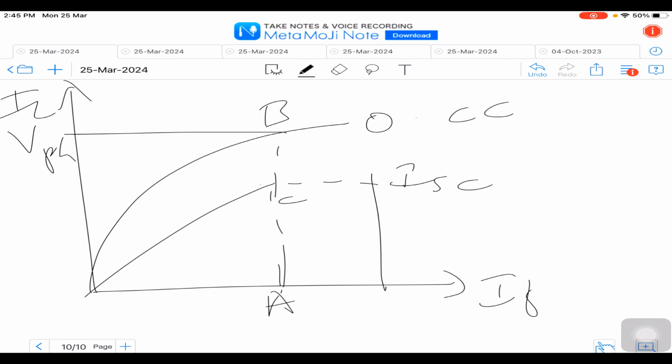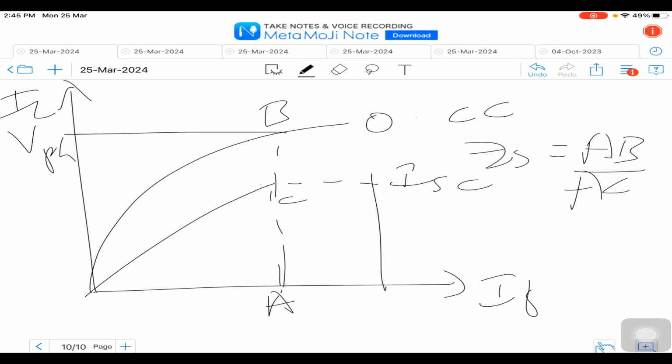Now, how to find the synchronous impedance ZS? ZS is equal to the open circuit voltage divided by the short circuit armature current. So ZS is equal to AB by AC, where AC is your short circuit current.